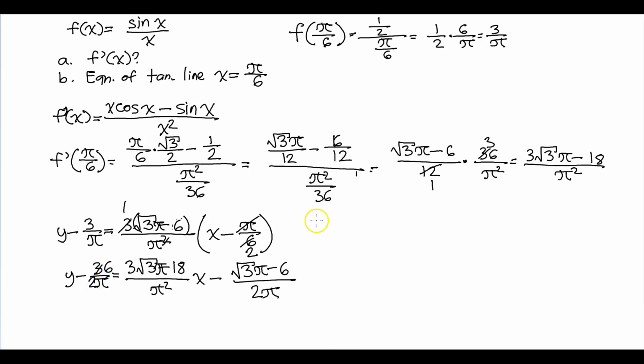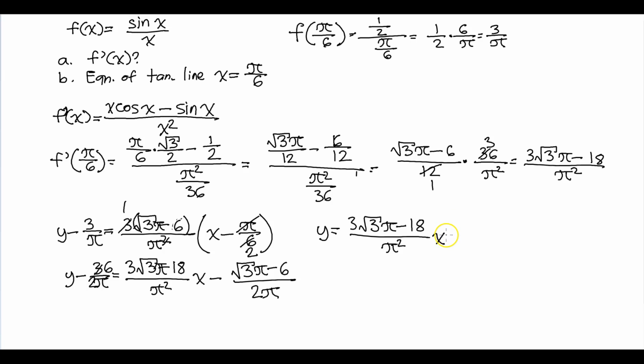If we rewrite it like this, and get our final equation as 3 root 3 pi minus 18 over pi squared x. Well, we have 6 over 2 pi, so we're adding 6 to here.